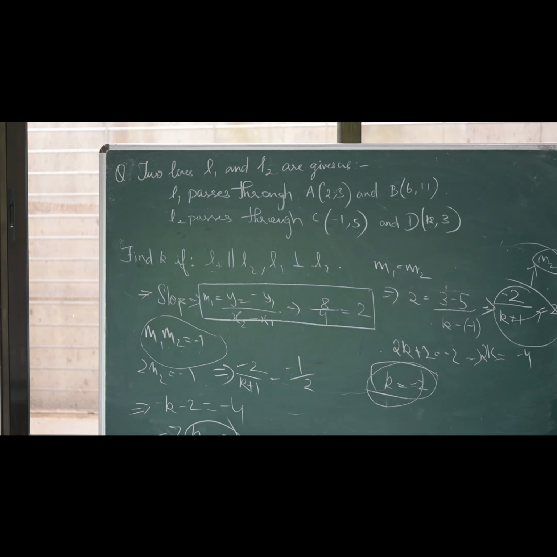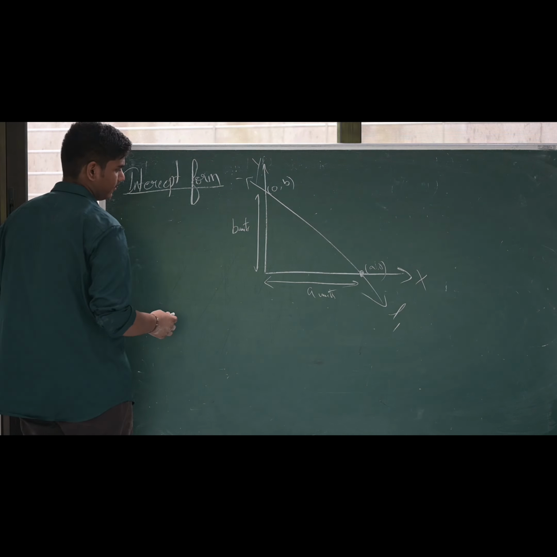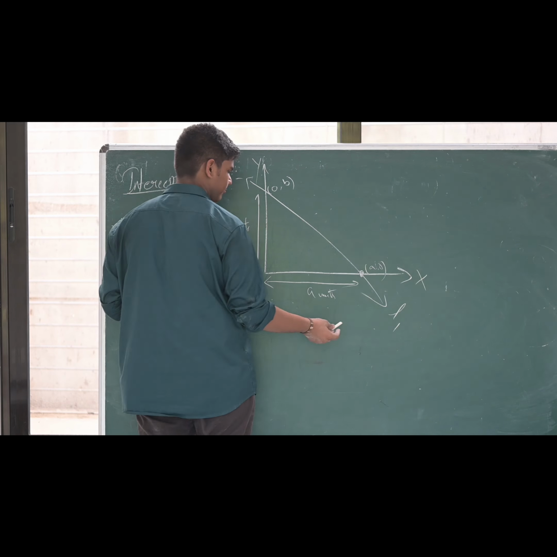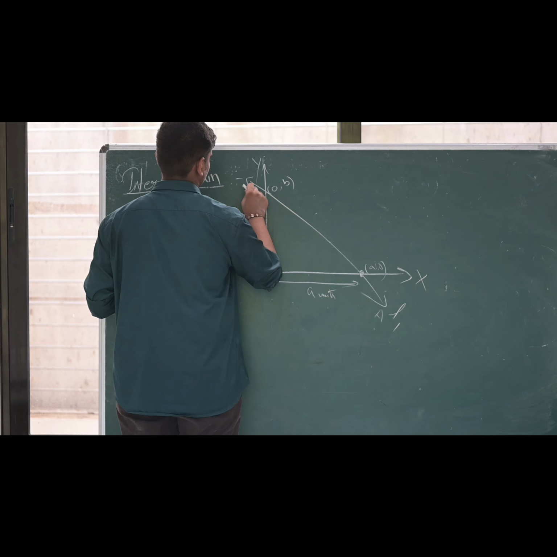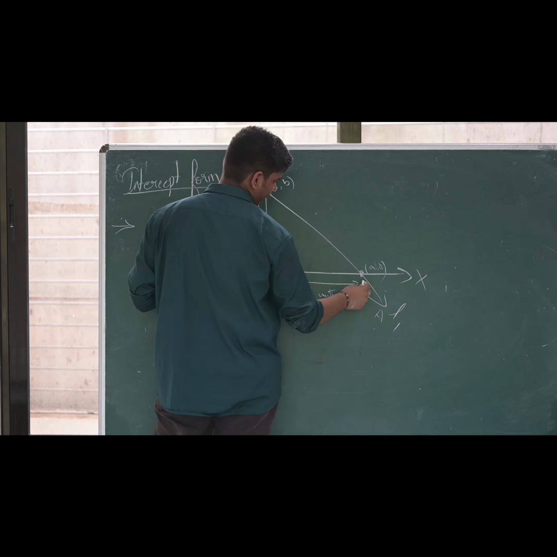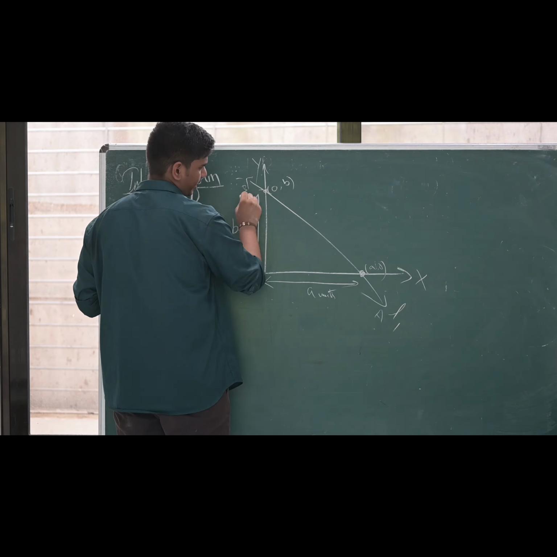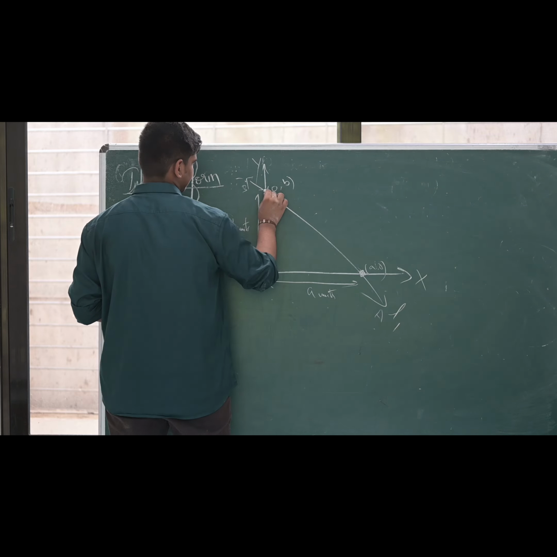Now, let's move on to the next concept, which is very important. So, moving on, intercept form. What is intercept form? Imagine I have a line running from point A to B. The line is covering the x-axis and y-axis. Am I right? From A, the line is passing through the x and y-axis.